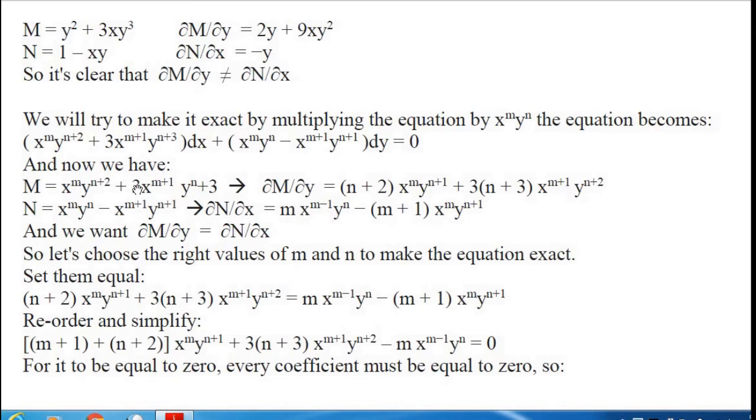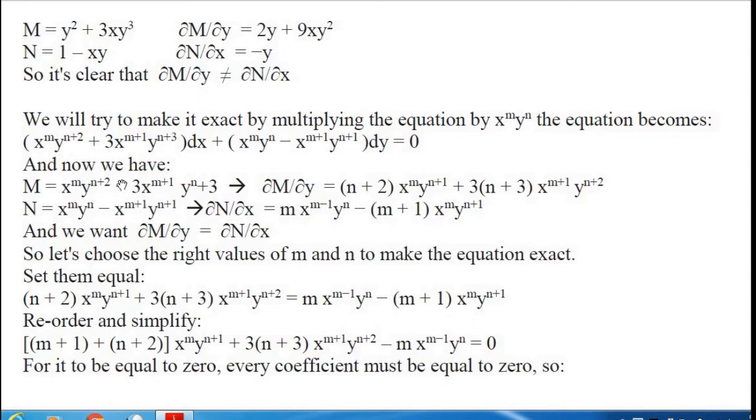It is (n+2) x^m y^(n+1) + 3(n+3) x^(m+1) y^(n+2). Now ∂N/∂x is equal to m x^(m-1) y^n - (m+1) x^m y^(n+1).